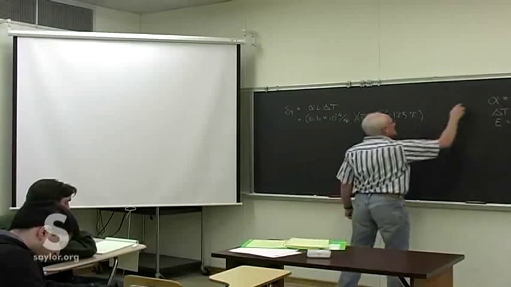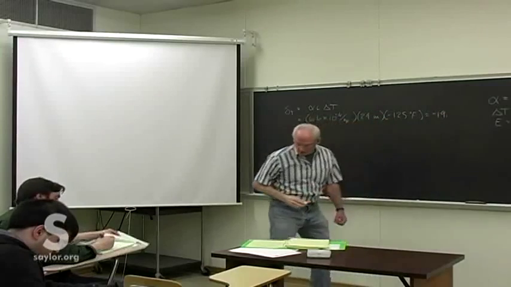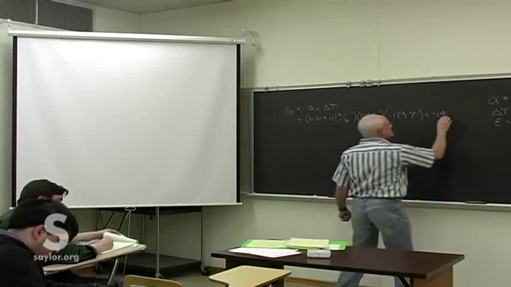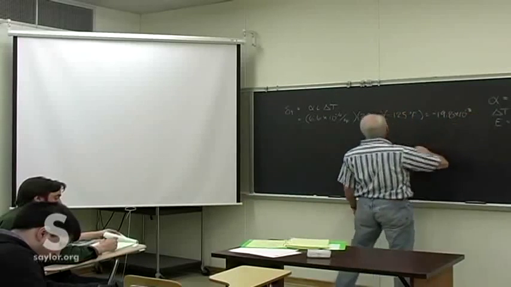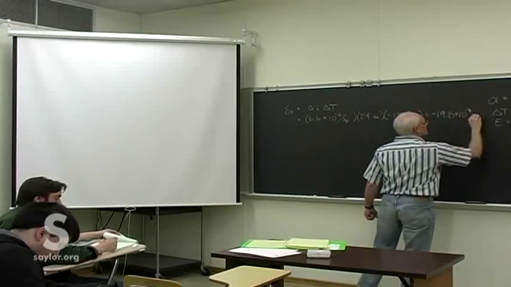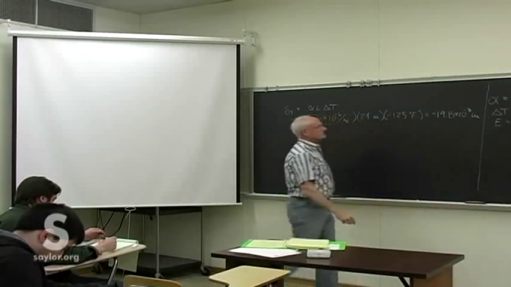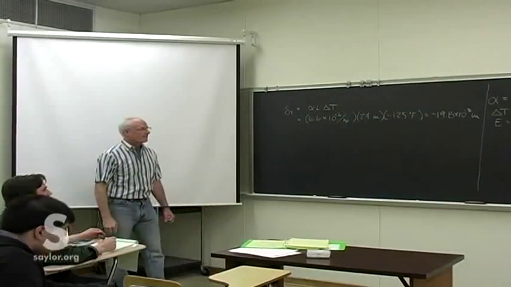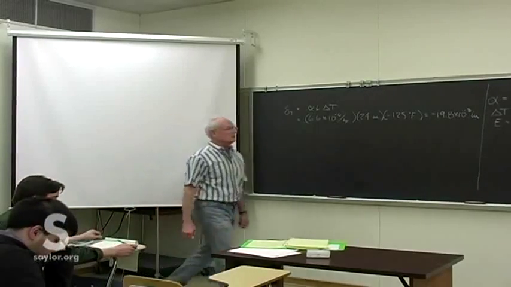And because of the very small coefficient of thermal expansion, it's a very small number itself. It comes out to be minus 19.8 times 10 to the minus 3, and that's in inches. So that's what its change in length would be if it was free to do so.